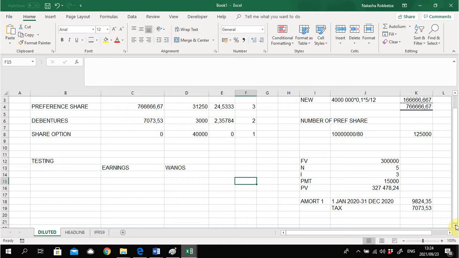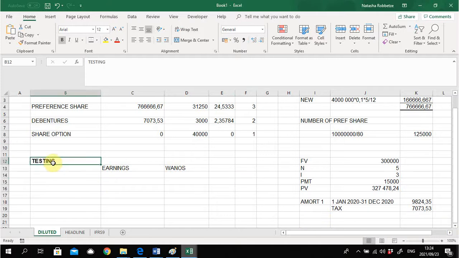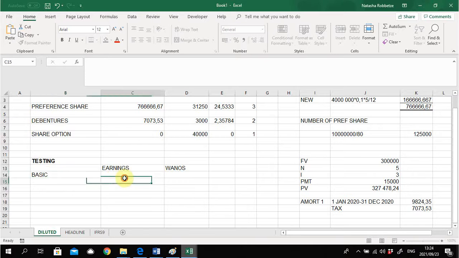Because there were no instruments that affect it, we didn't have to calculate it, and essentially the weighted average number of shares would just be the ordinary shares in issue. Right, so we start with the basic earnings, calculated by taking the profit after tax, and our calculations need only relate to 2020.